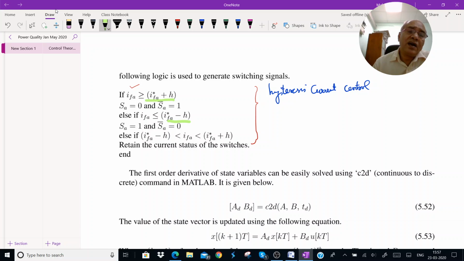So as you can see, when IFA is greater than IFA star plus H, then the top switch is off and the bottom switch is on. Remember here that I have used SA. SA represents the status of the top switch, and SA bar represents the status of the bottom switch. Similarly, SB and SB bar, and SC and SC bar.